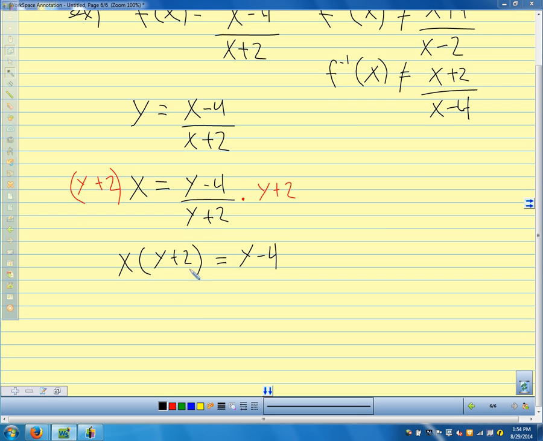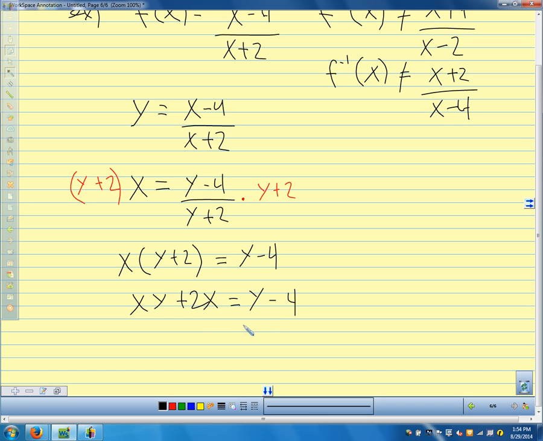Distribute here, because I have these two y's. So I need to do some work to get rid of those two y's. I'm going to distribute here. xy plus 2x equals y minus 4. Now I'm going to get all the terms that have y together on one side of the equation.